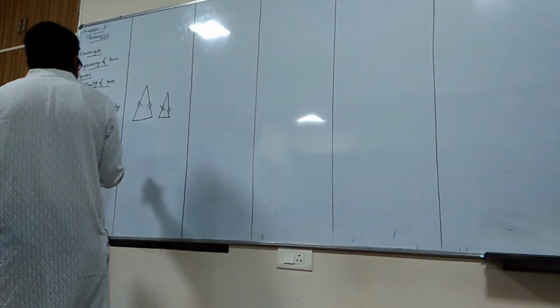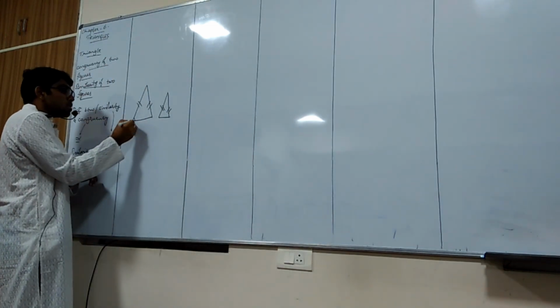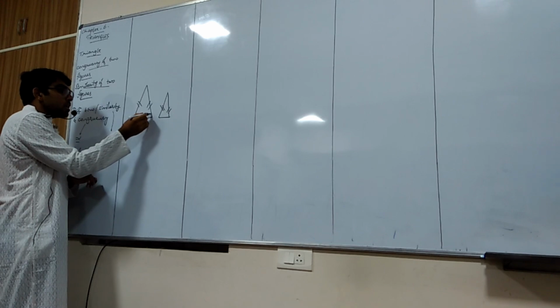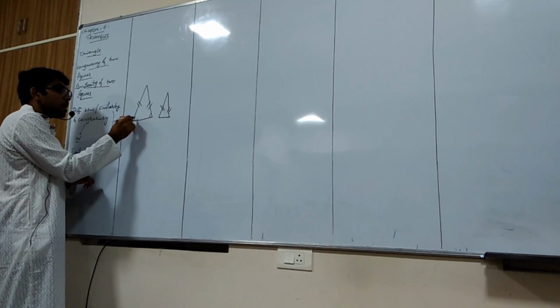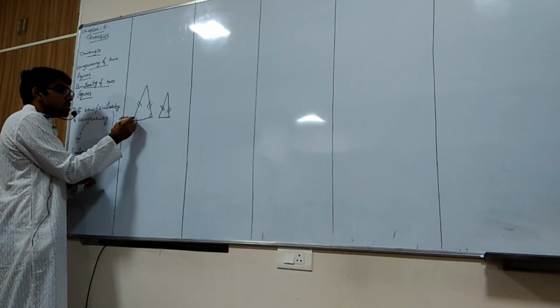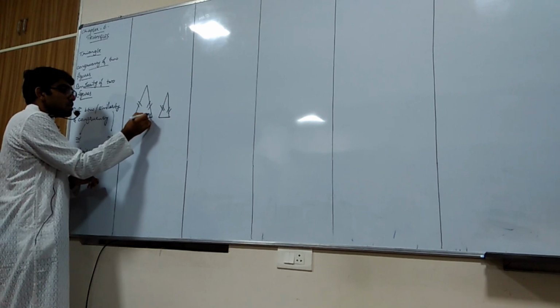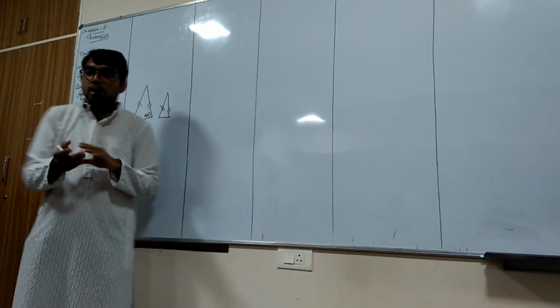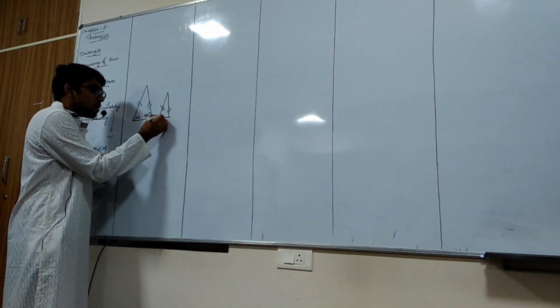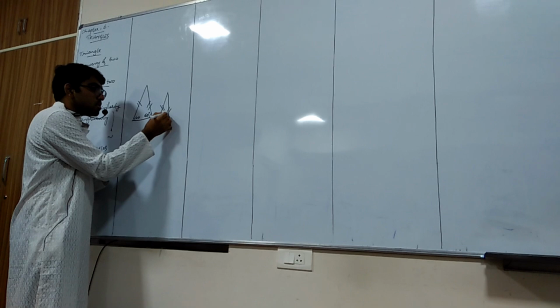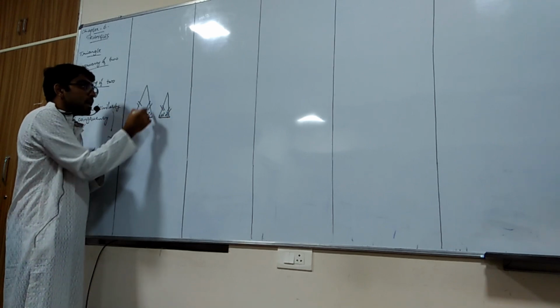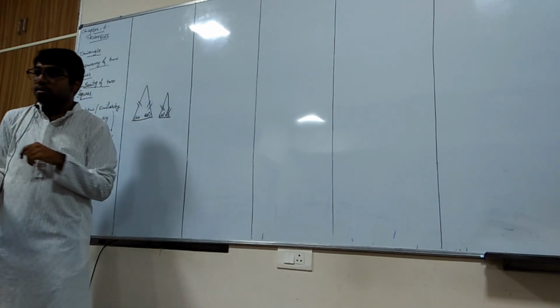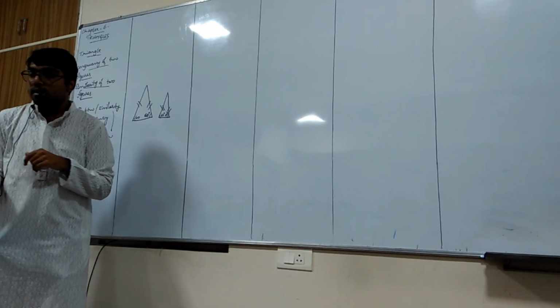For example, take this angle as 60. These angles are also 60. But the lengths of the sides are different. What does that mean?